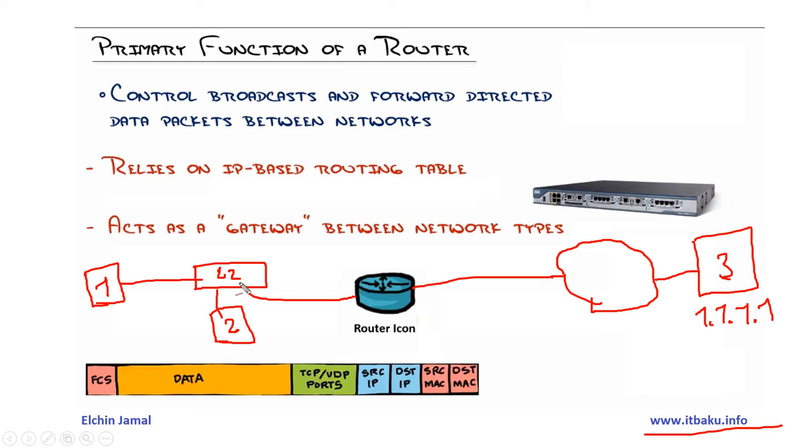Because if the computer says to the switch, please get me to the server which I want to visit, get me to the website, and gives the switch just the IP address of the server, the switch will not be able to forward it, because a layer 2 switch cannot work with IP addresses. The switch doesn't know what it is and will not understand this computer. So in this case, what should the computer do?